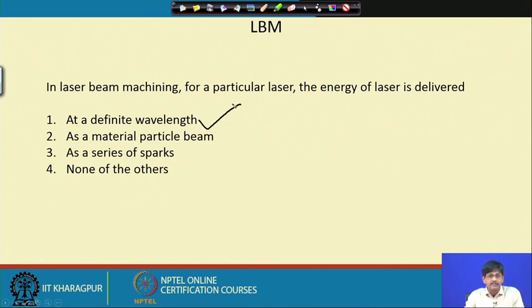As a material particle beam, no, this is wrong. Lasers are basically light, or they might be light at frequencies which we cannot see. So, they are basically electromagnetic radiation.